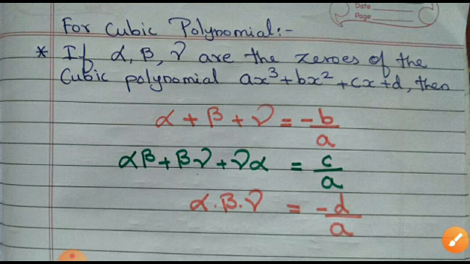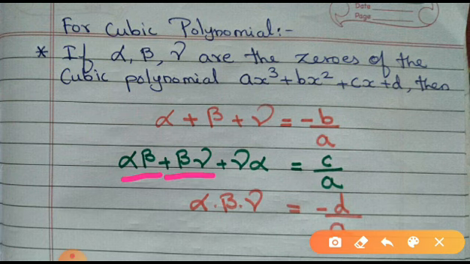Next, the sum of the product of the roots. That means alpha beta plus beta gamma plus gamma alpha is equal to c by a. Now c by a is nothing but the coefficient of x divided by coefficient of x cube.